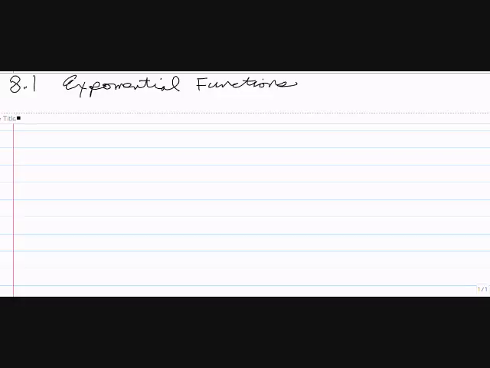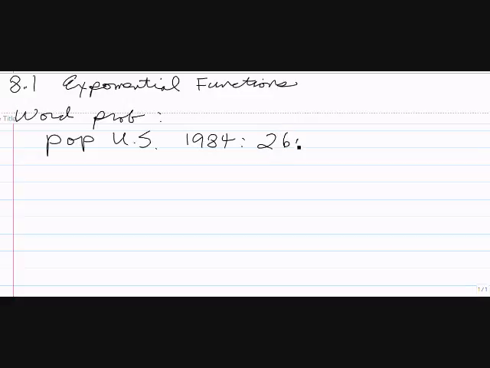So we'll do a word problem first. So let's suppose, and I don't know if this is true, this is just what your book said, that the population of the U.S. in 1984 was approximately 260 million.